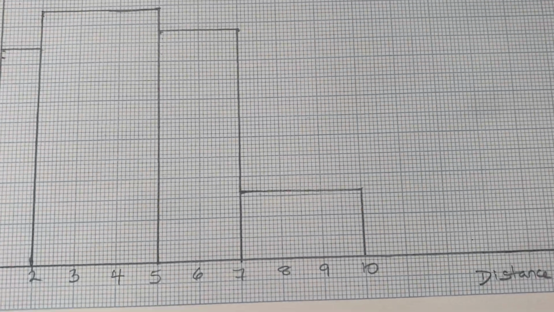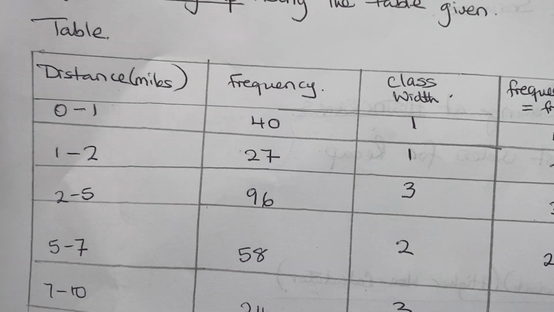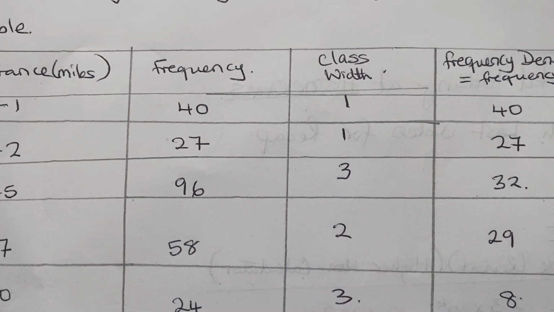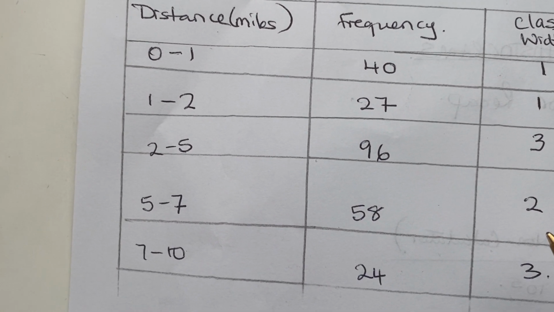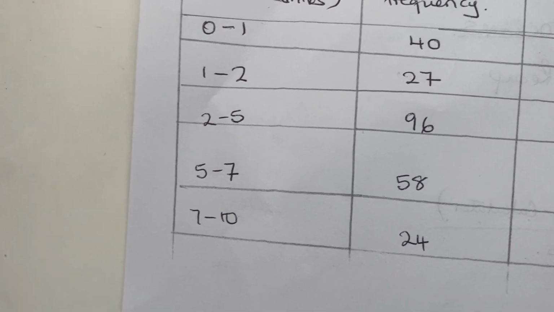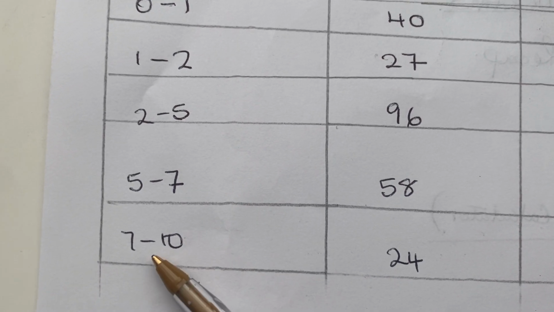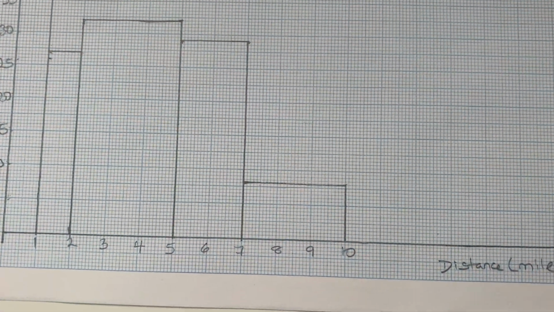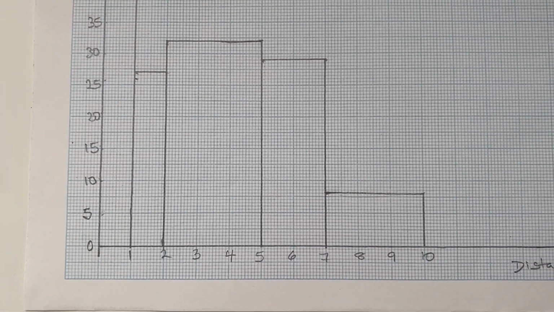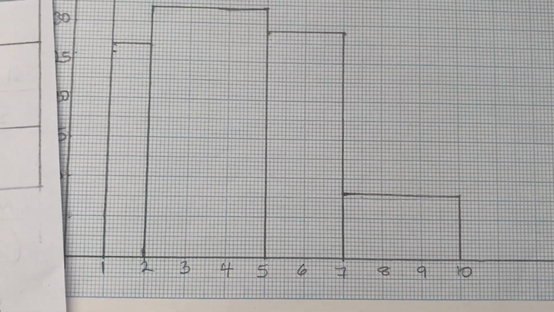On the x-axis, you have the distance in miles. And that is the class width. The class width is up to 10 here, so my x-axis is up to 10. The distance in miles is up to 10.